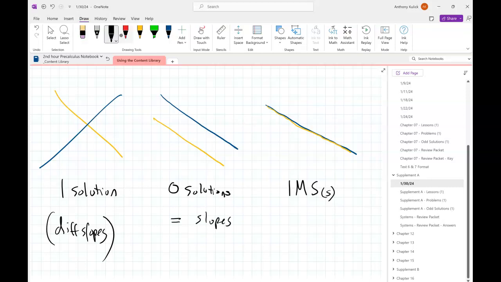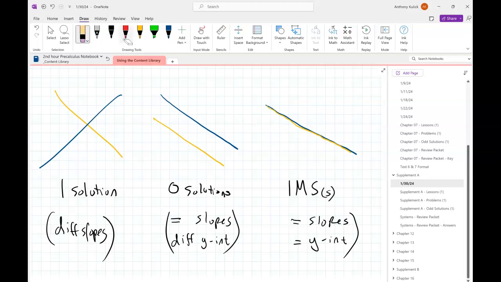And different y-intercepts. And if they're infinitely many, well, they have to have the same slope and the same y-intercept, because they basically just have to be the exact same line, right? Does everybody feel okay on that idea?